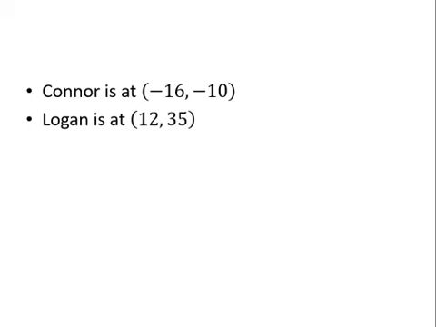So now we want to use our distance formula to find the distance of it. So take a second, find the distance between Logan and Connor. It should be a nice whole number. All right, so hopefully you've plugged everything in.